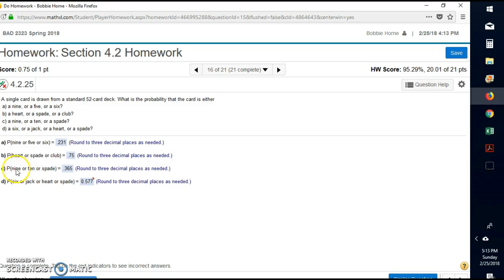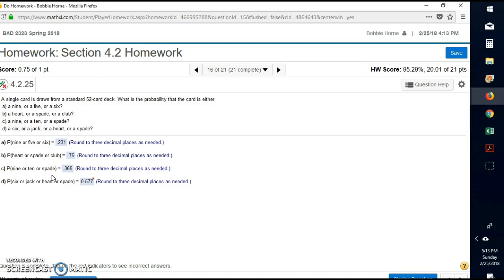And then the probability of a 9, a 10, or a spade. So let's think about that. How many 9s do you have? You have 4 out of 52, or 1 out of 13. And then how many 10s do you have?